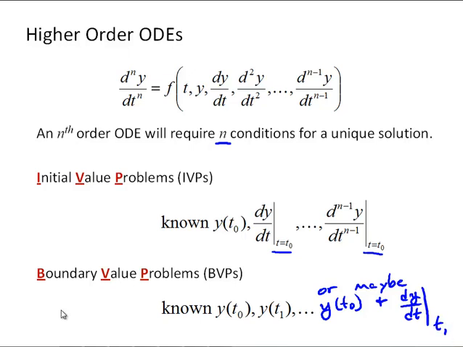Also, boundary value problems are often expressed in space, so they'd be more a dy/dx. Again, still a differential equation of a function and its derivatives. The one key difference here is that we don't know everything at that initial time t0.